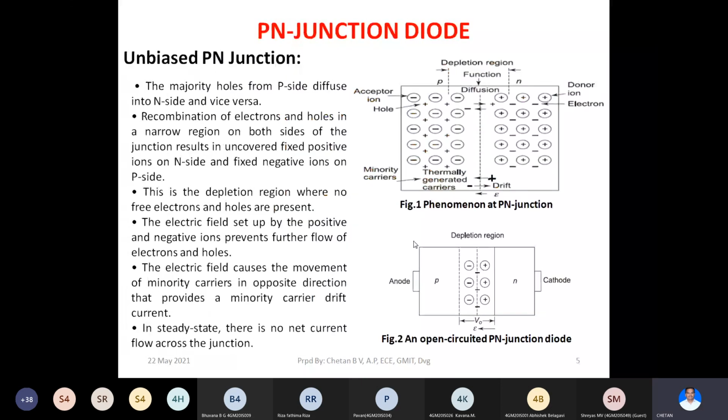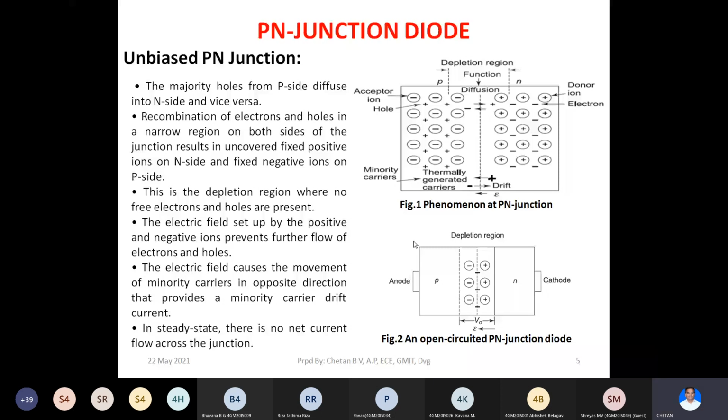After that, we started with the operation of this PN junction diode. While discussing this operation, we came across the phenomenon that takes place when a PN junction is formed, and it is called an unbiased PN junction because we are not applying any external voltage.